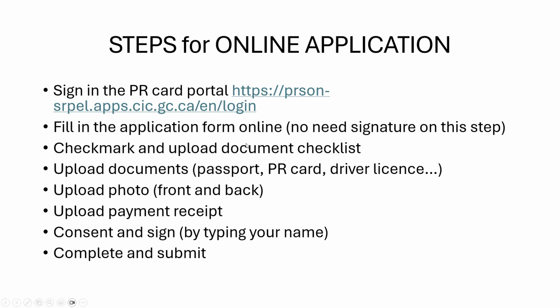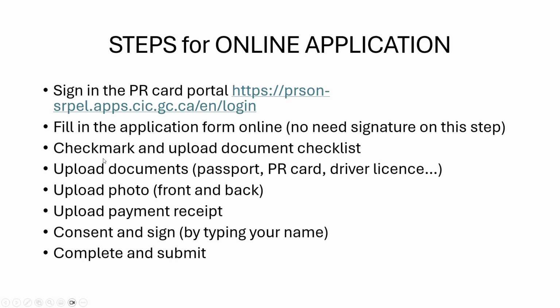After getting all those documents, here are the steps for the online application. You will need to sign in to the PR card portal on this link. I'm going to put this link in the description below. And then you log in and fill in the application form. At this step, you don't need to sign anything.